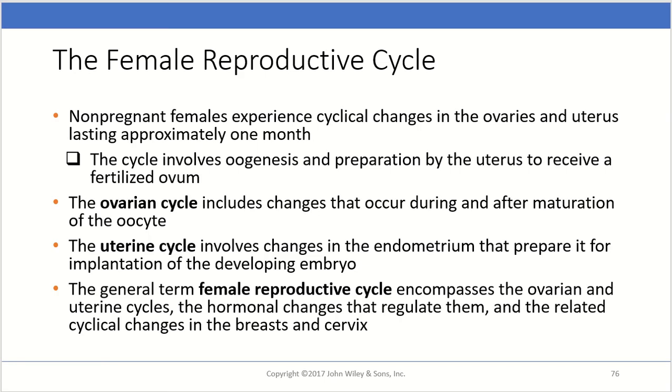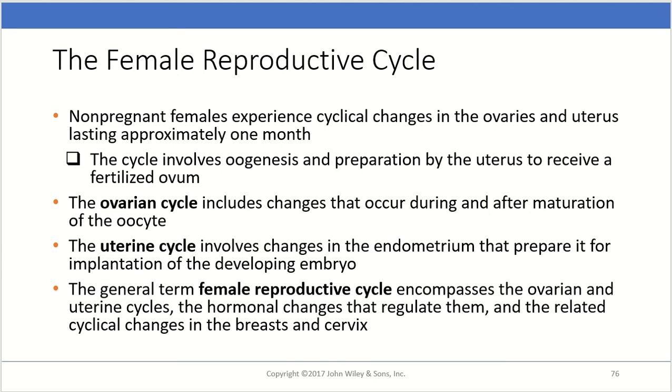So, looking at the female reproductive cycle, this is an important part of the female reproductive system, because this is going to change monthly, and this is how women can become pregnant. Non-pregnant females are going to experience cyclical changes in the ovaries and the uterus that are going to last for approximately 1 month.